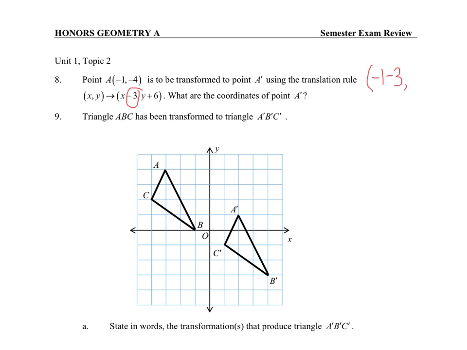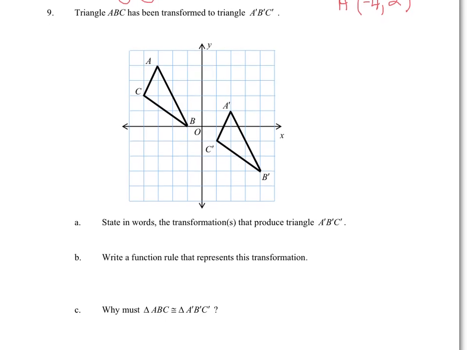And when we have our y value, which is -4, we're going to be adding 6 to it, which is that part. So A prime is going to be -1 minus 3, which is -4, and -4 plus 6, which is 2. So A prime is the coordinate (-4, 2).